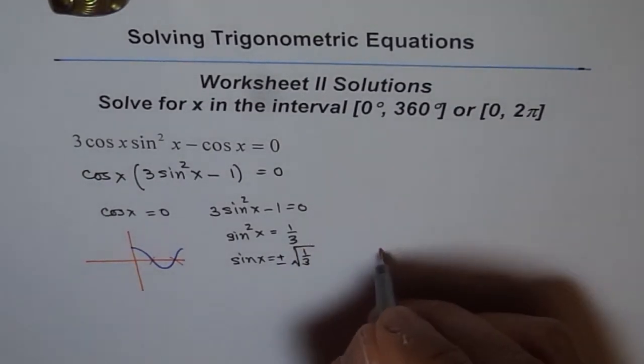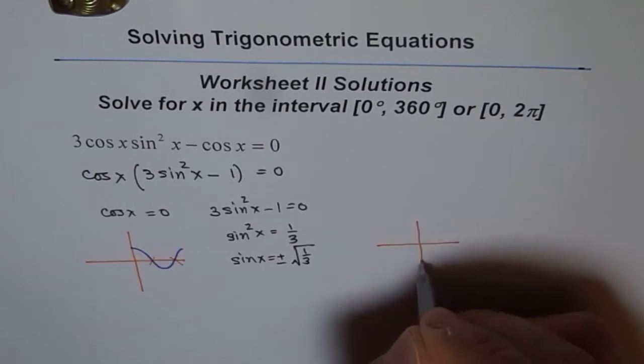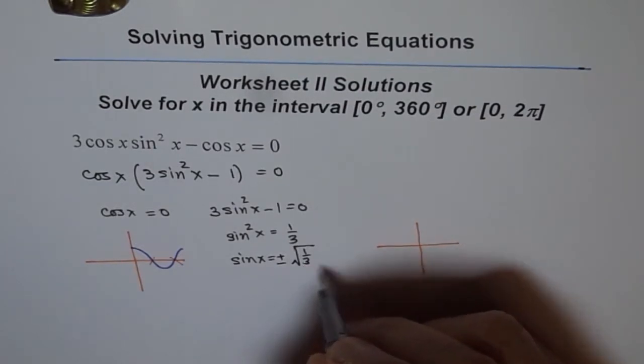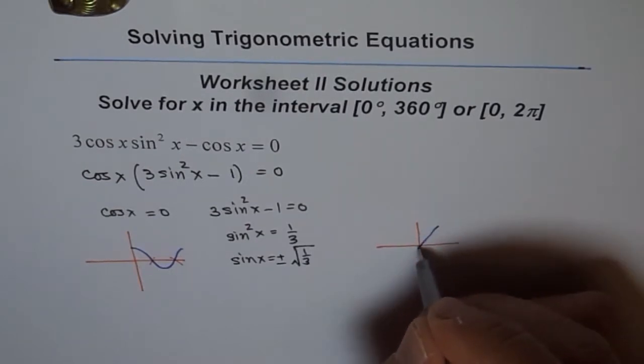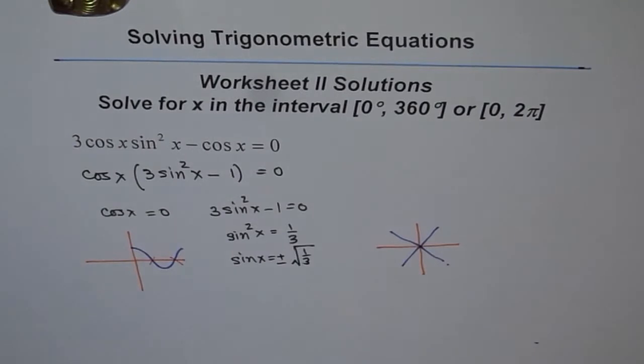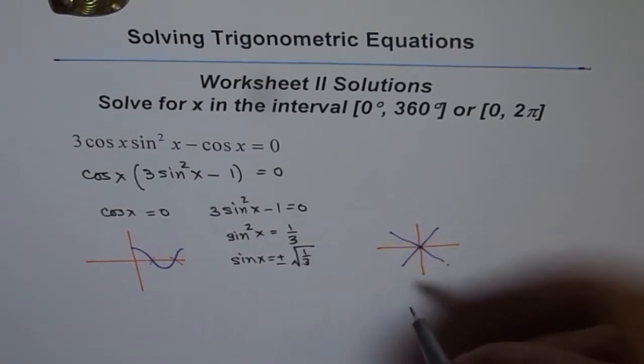Now how many solutions does that give us? 4 solutions, because 1 over square root 3 appears in all 4 quadrants. So we have a solution here, here, here and here. And what is the value? Is it one of our standard triangles? So we can make our standard triangle and figure out the real answer.